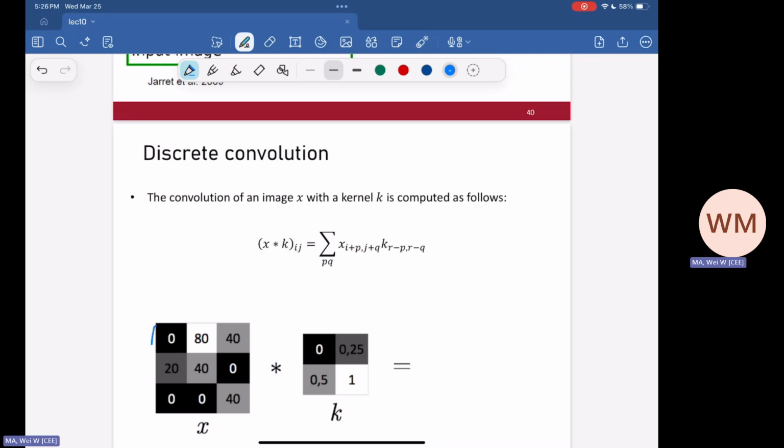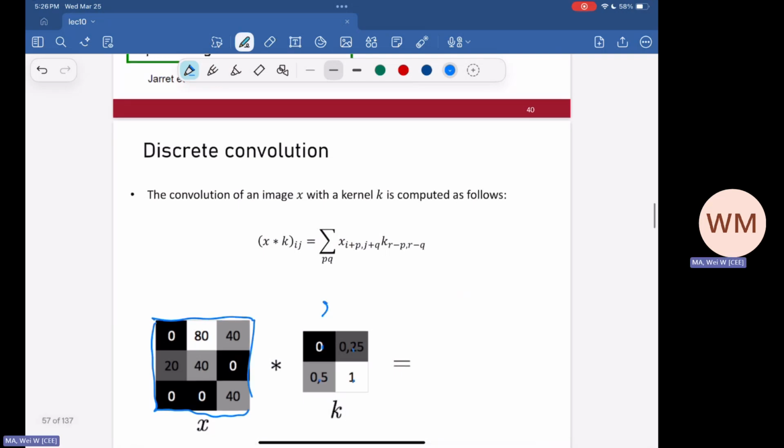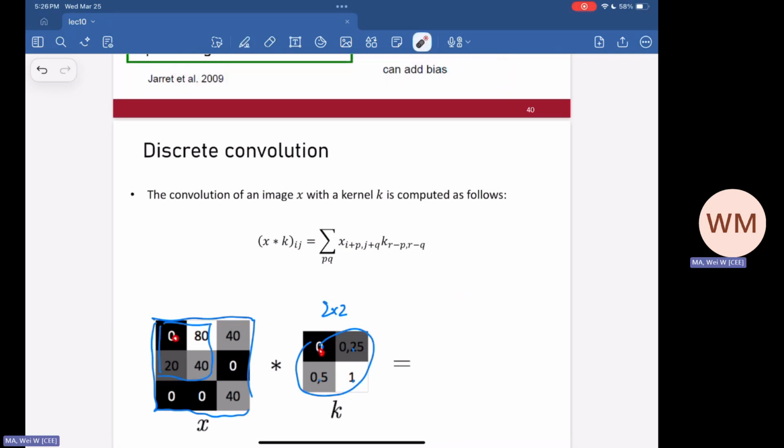So you can see that this is an image, and then we have a filter. This is a 2 by 2 filter. What we are going to do is use this filter to calculate for this part. Usually, I think it's 1 times 1, 0 times 0, 1 times 40, and 0.25 times 20, 0.5 times 80.